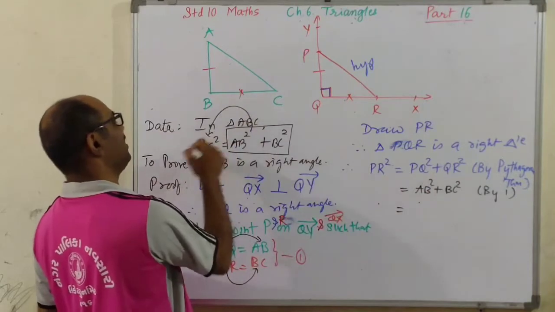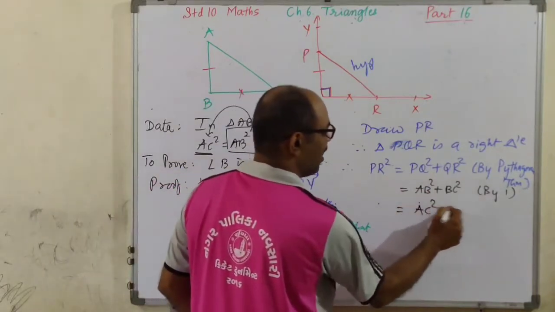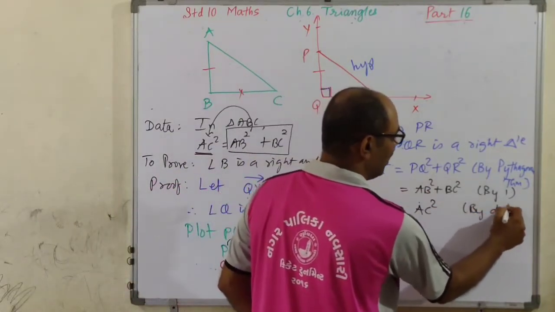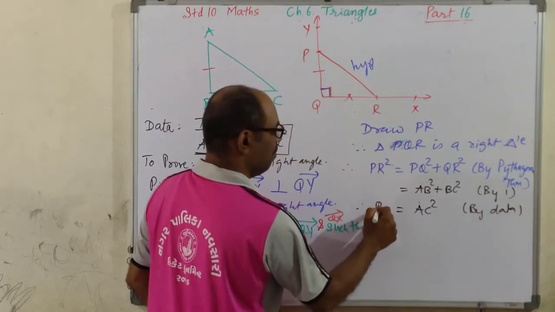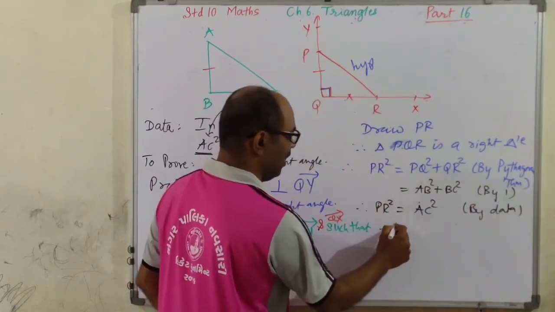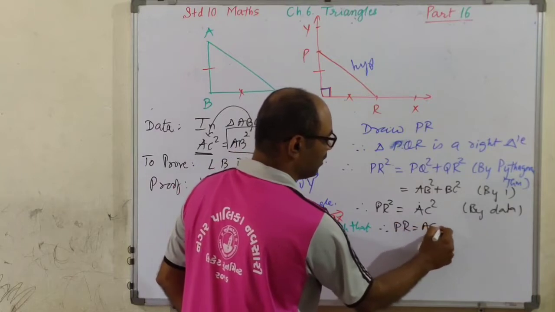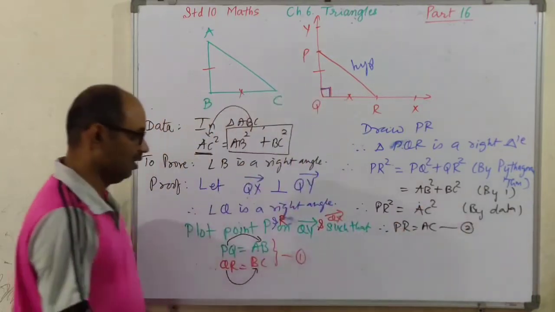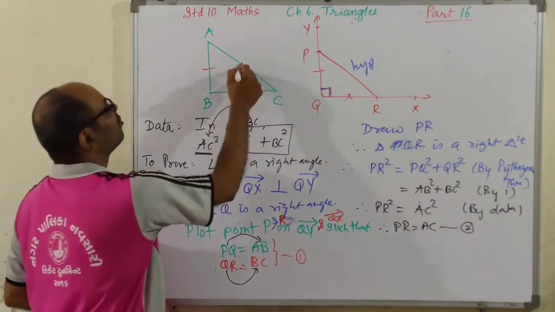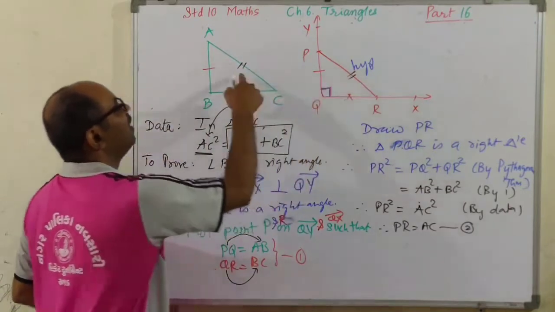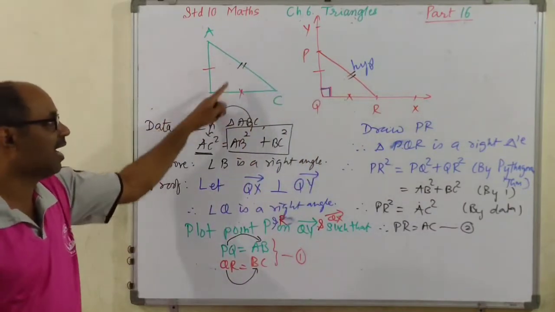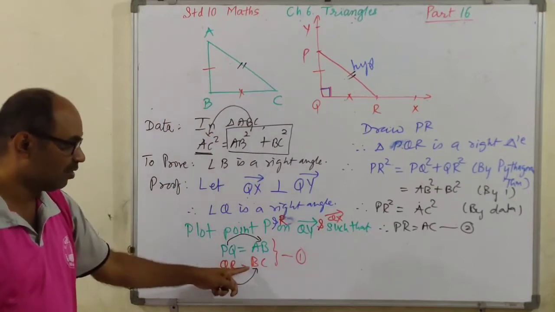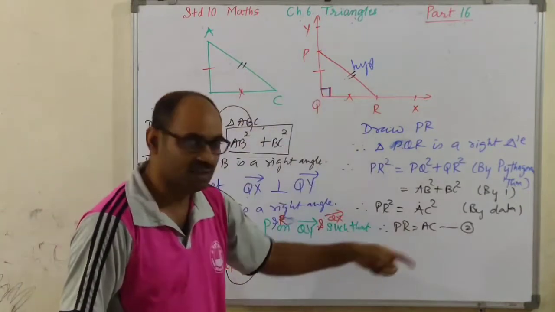That is AC square, so AC square by data. Therefore, PR square is equal to AC square. Therefore, PR is equal to AC. Result number 2. I'll put the sign also. Yeah, PR is equal to AC. These two are in result 1 and this one is in result 2.